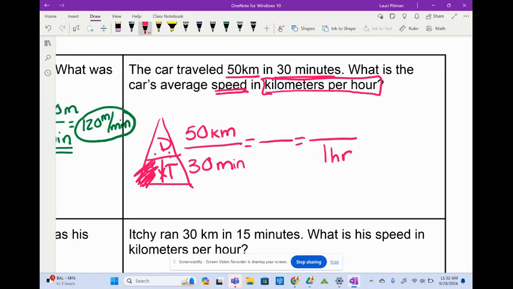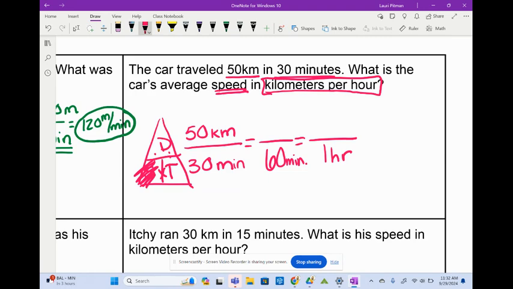Well, I know that there are 60 minutes in an hour. That's why we say 30 minutes is half an hour. Half of 60 is 30. Okay, so how do I go mathematically from 30 to 60? We're never going to say 30 plus 30. It has to be multiplication or division.